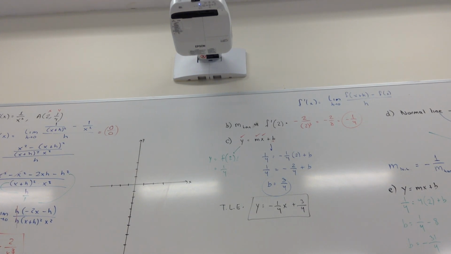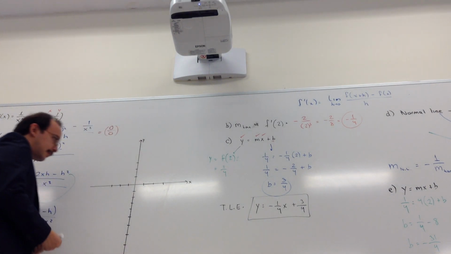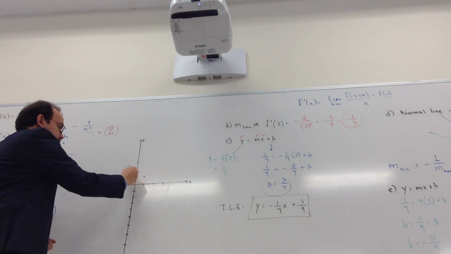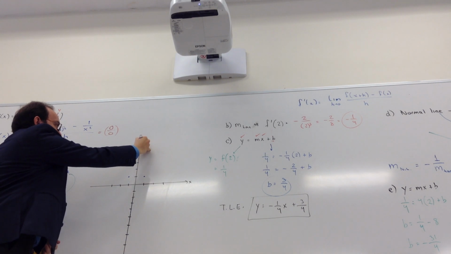What would be the shape of that graph? 1 over x squared. There are two asymptotes, one vertical and one horizontal, y equals 0 and x equals 0, and the graph approaches them. Very good. The graph is like this.